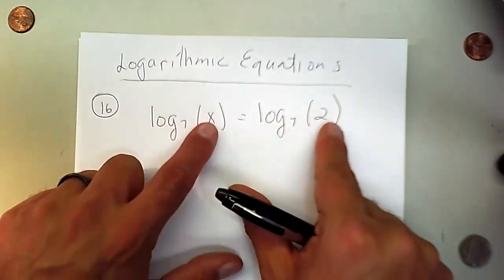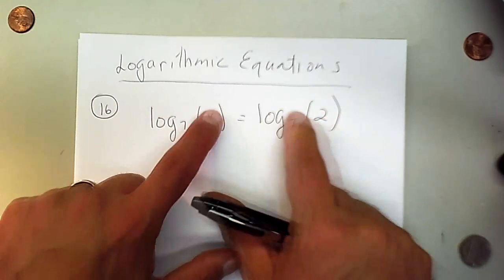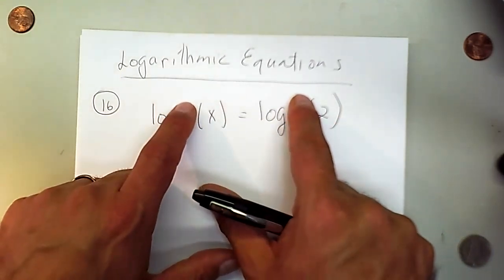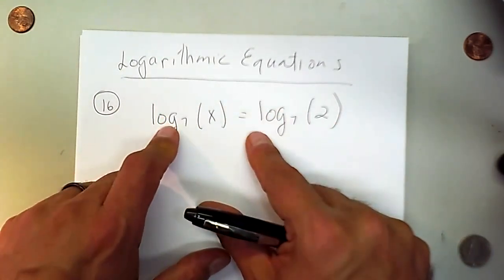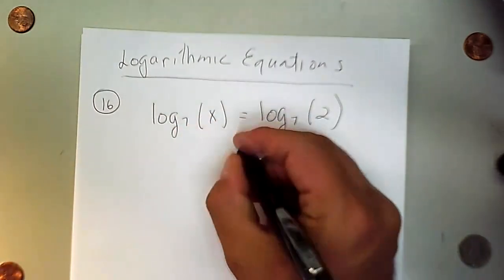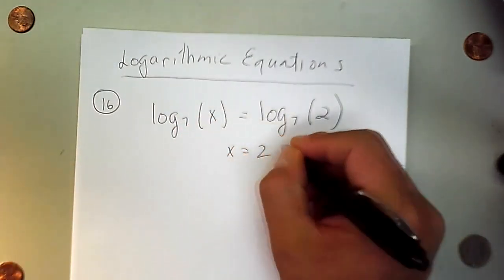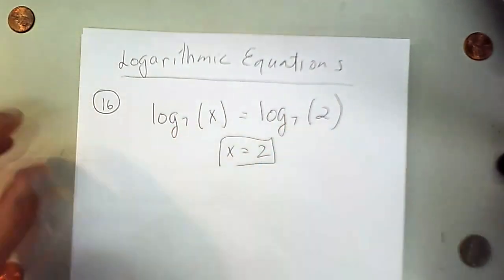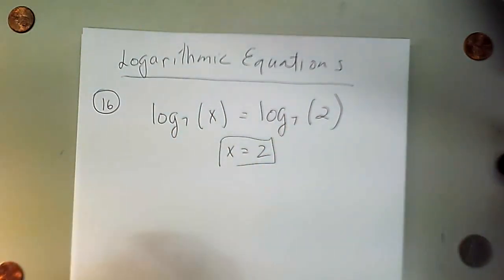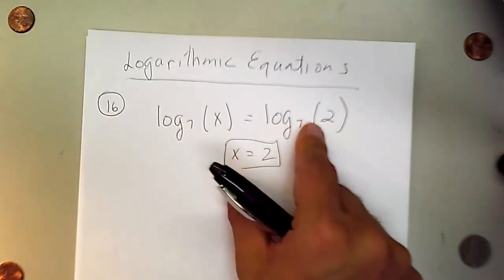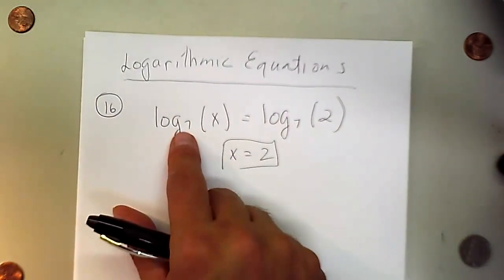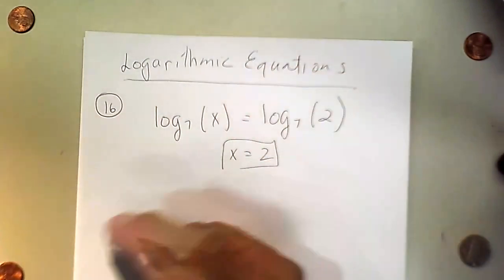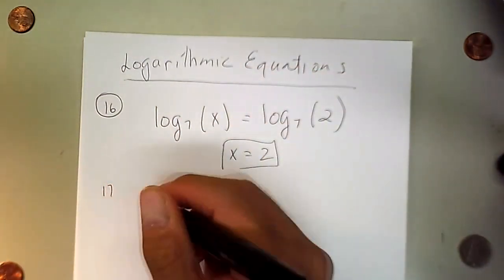And consequently, the corresponding inputs are the same. I don't like to use the word cancel, but cancel that off and you end up with x equals 2. No questions asked, you're done. That's the answer, as long as we check they're the same base. That's it for that problem. It looks complicated, but it isn't. The answer is 2. Done deal. Nothing else to think about.